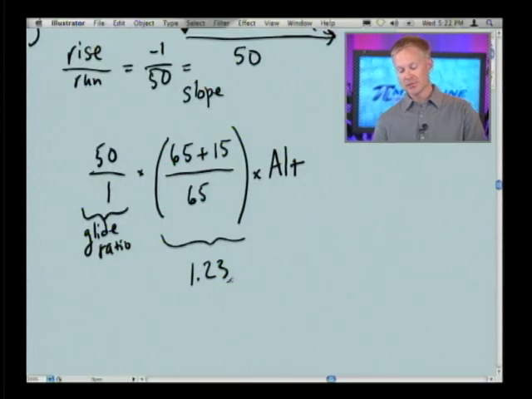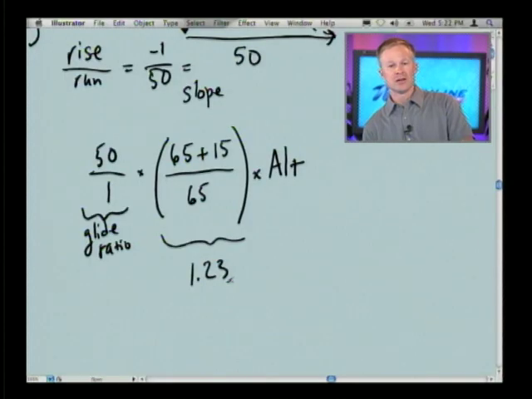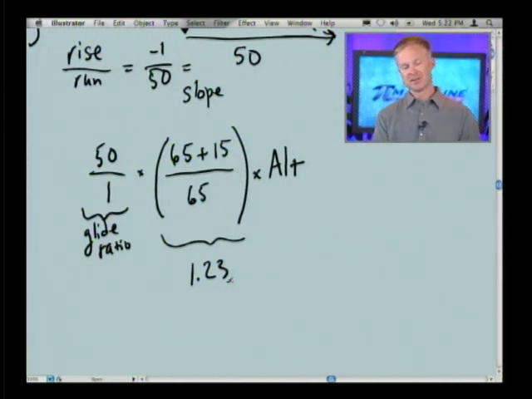What this is doing is it's making your actual speed a little faster, because on top of that fraction is a 65 knot plane speed, and it goes 15 knots faster from the wind, and then you're dividing by your original speed. This is like a multiplier to figure out how much faster your glide ratio is going to be pushing you. So in this case, you could say it's a 23% increase in the horizontal distance you can get. It's actually going to change your glide ratio.